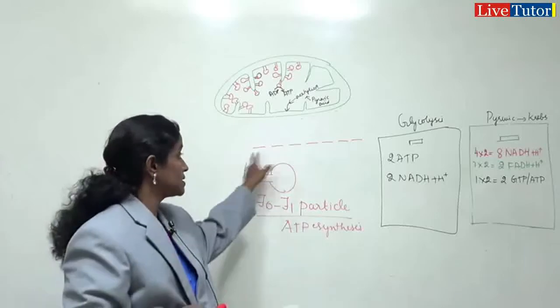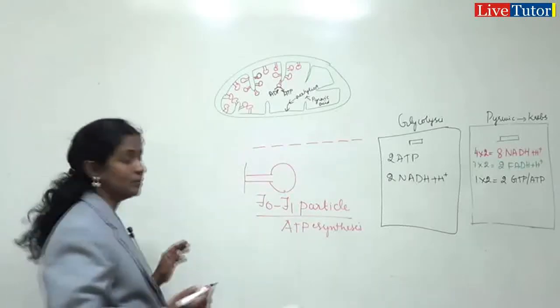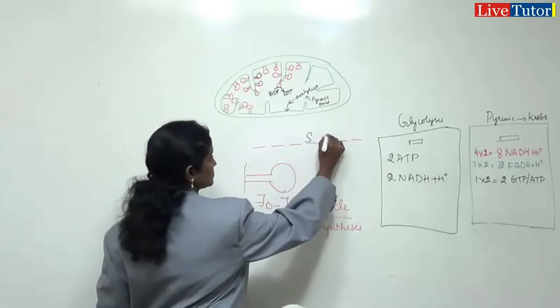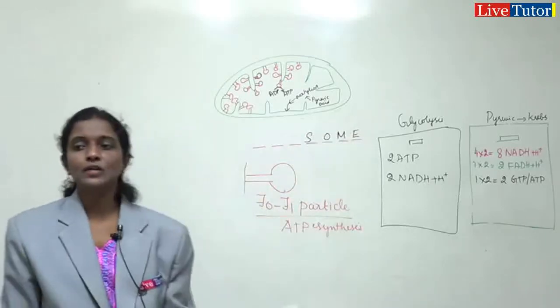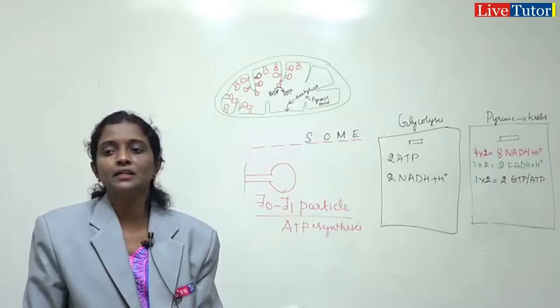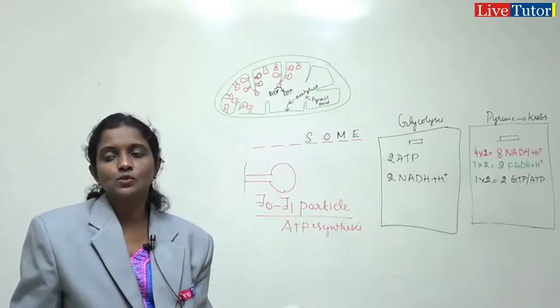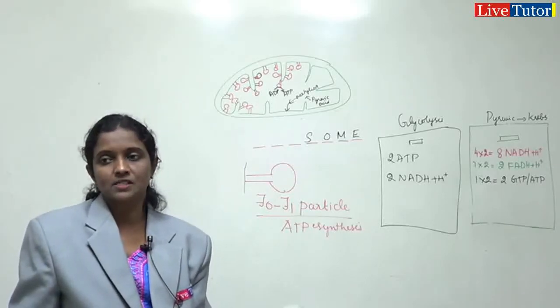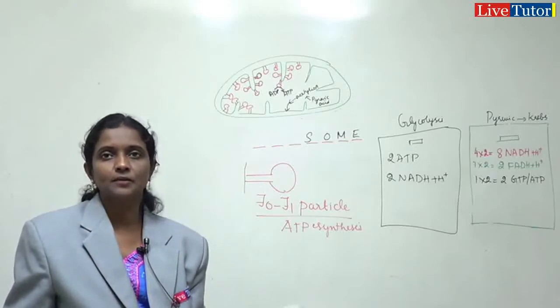I have given blanks there. Maybe I can fill up some so that you can answer. It ends with SOME. You have to just prefix it with the three letters and tell me the answer.